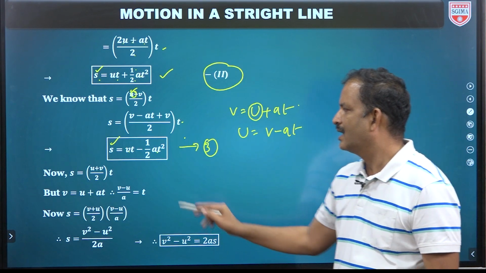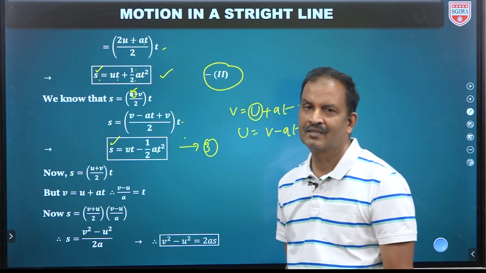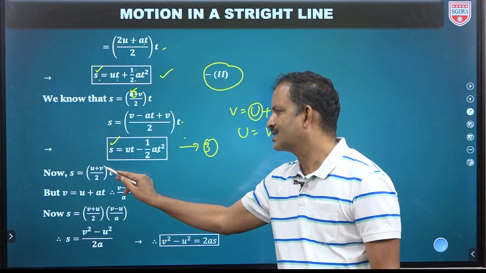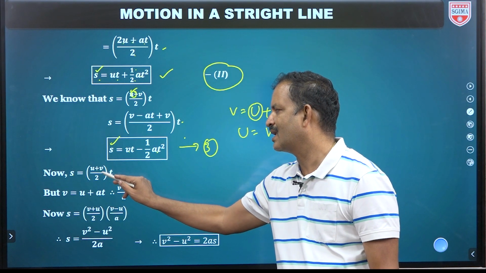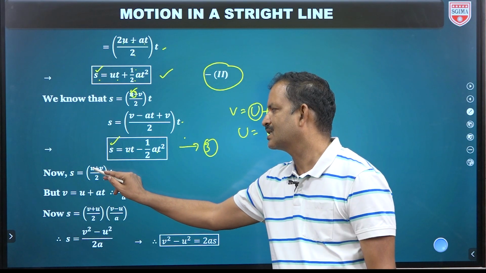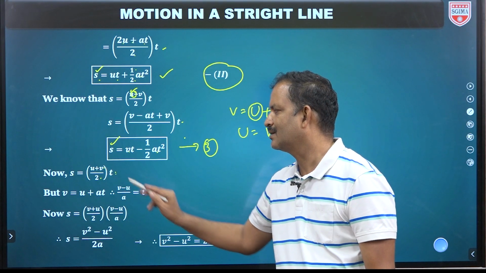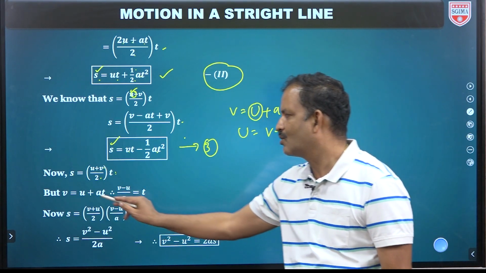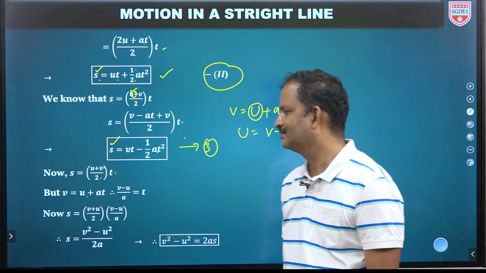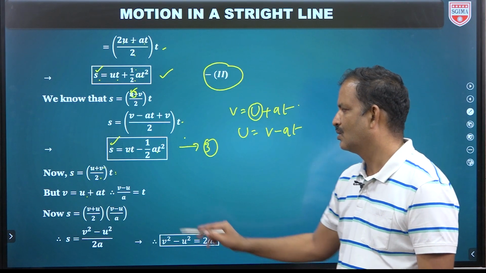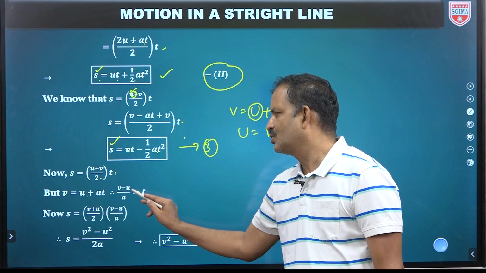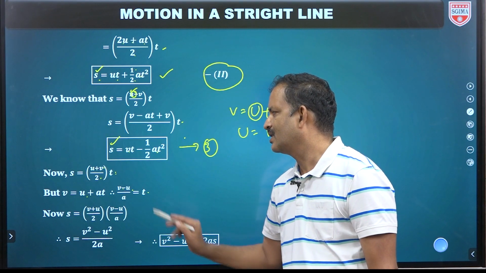Now, again I am taking the basic formula. S is equal to average velocity into t. Average velocity means u plus v by 2, into t. But v equals u plus at, so v minus u by a is equal to t.